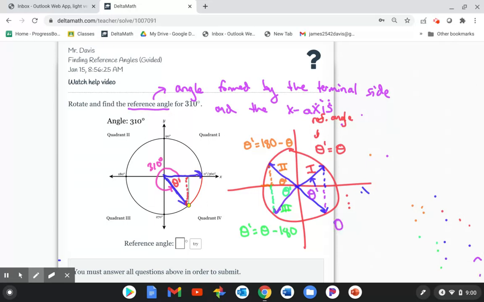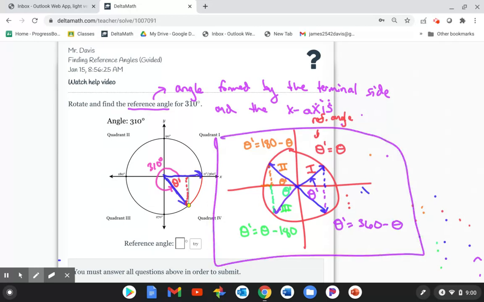Theta prime is going to be 360 minus theta. So those are our 4 little formulas. In the first quadrant, theta prime is just whatever theta is. In the second quadrant, 180 minus theta. In the third quadrant, theta minus 180. And in the fourth quadrant, 360 minus theta.